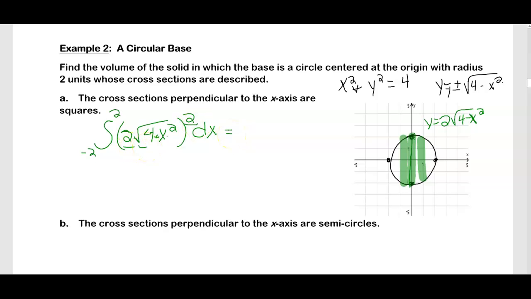So 2 squared is 4, the square is going to distribute in, so you can bring the 4 out. And if we go from 0 to 2, it's 8. The square root squared is just 4 minus x squared.